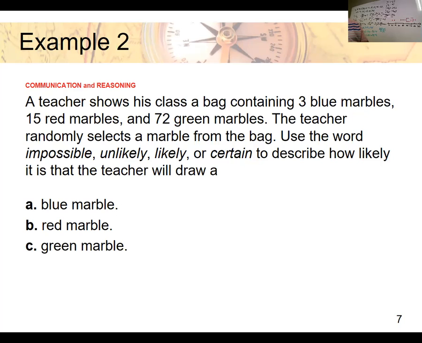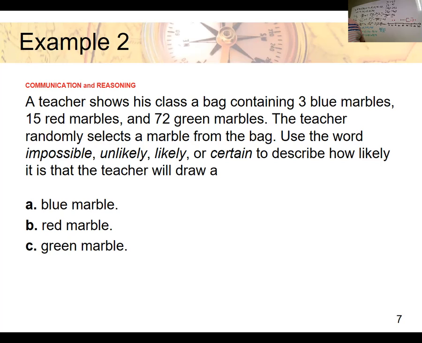Like in this one, a teacher shows his class a bag containing 3 blue marbles, 15 red marbles, and 72 green marbles. The teacher randomly selects a marble from the bag. Use the word impossible, unlikely, likely, or certain to describe how likely it is that the teacher will draw a blue marble.